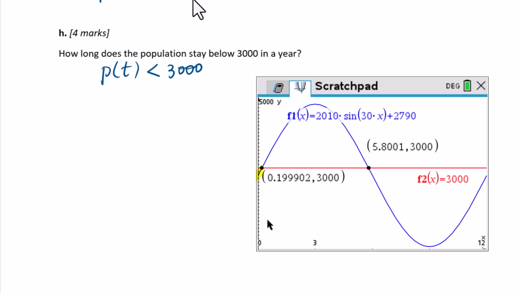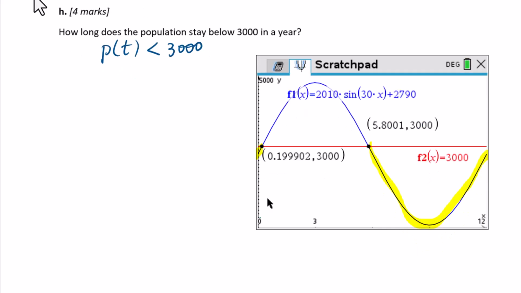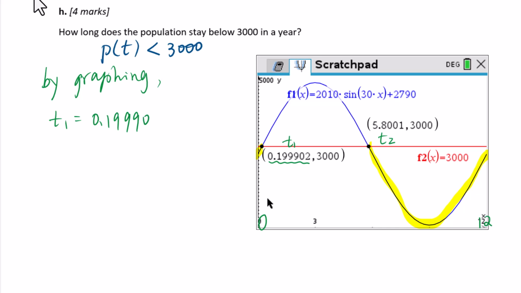This part of the graph and also this part of the graph are the solution. We do know this is 0, this is 12. So the solution will be T1 minus 0 plus 12 minus T2. By graphing, T1 equals 0.19902.